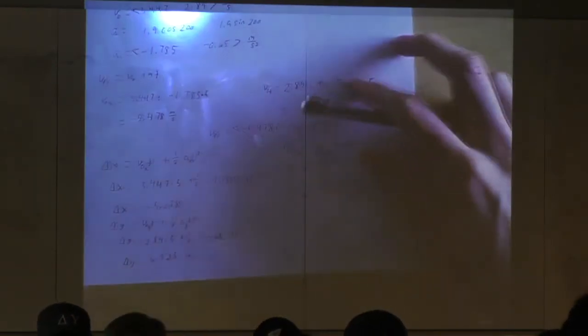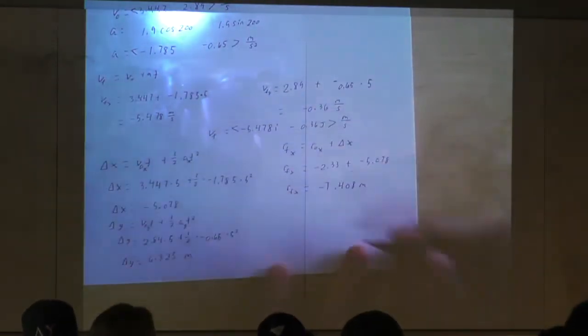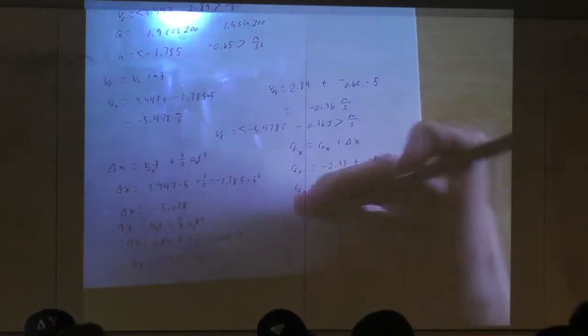Okay, so we have delta y, and then just as we did over here with our x, we're going to do the same thing and find our final for y.